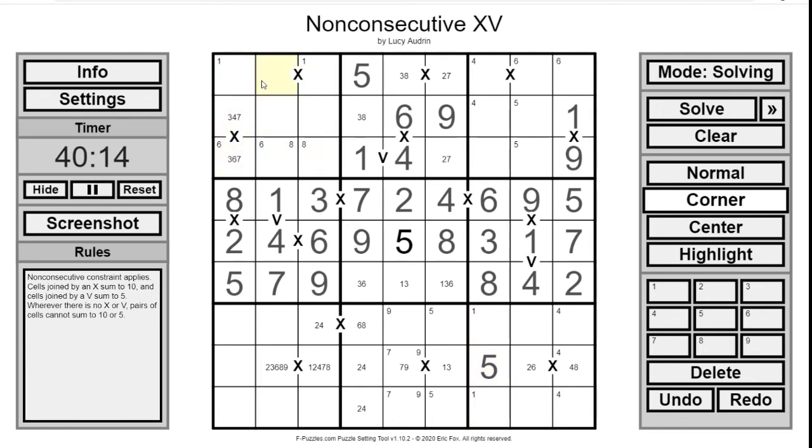Actually, yeah, we got 9 trapped to these corners, which restricts 8, but I think 8 was already restricted. We got something going on with 8s. Yeah, and this 8 can only go in one of those spaces.